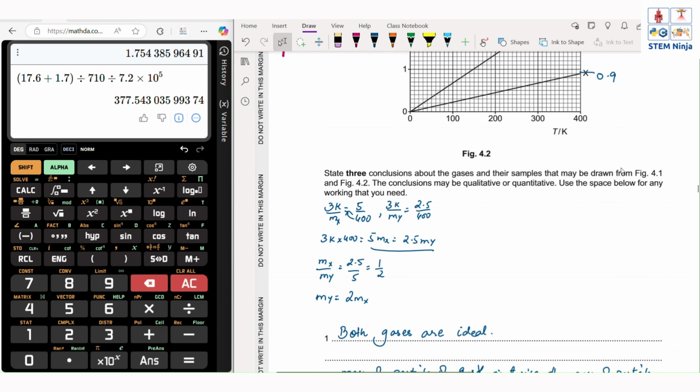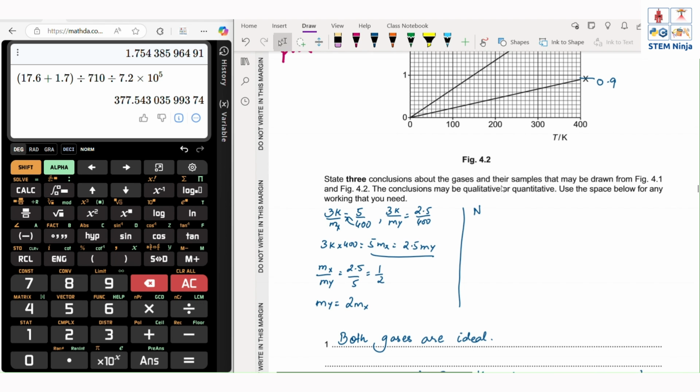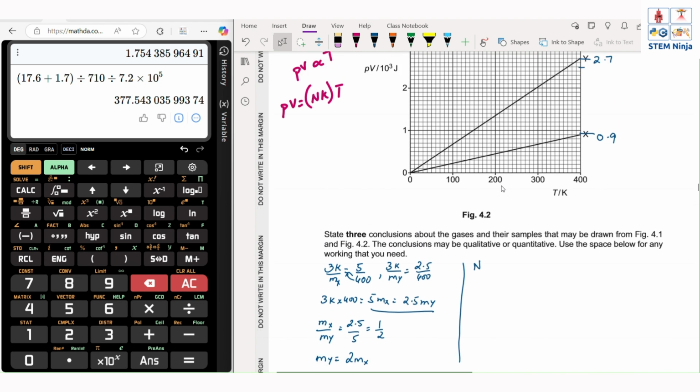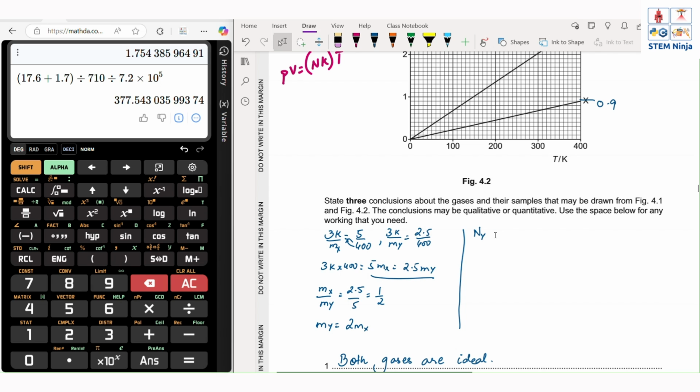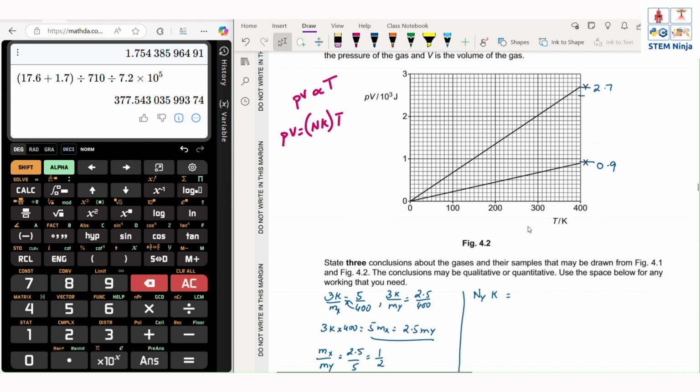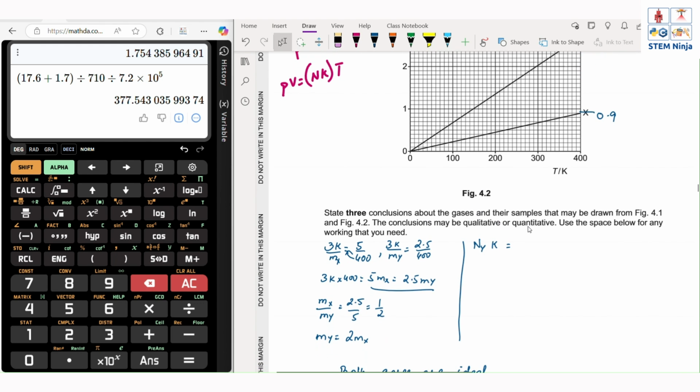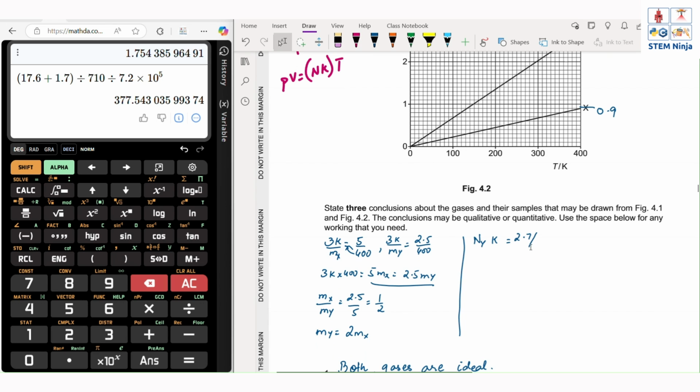So we can say that Ny times k is equal to gradient 2.7 over 400, and Nxk is equal to 0.9 over 400.